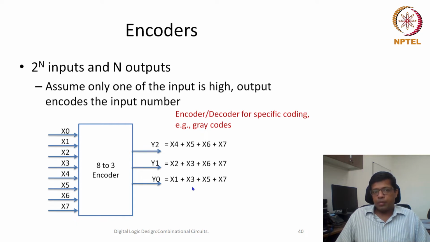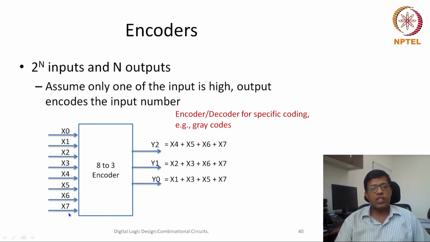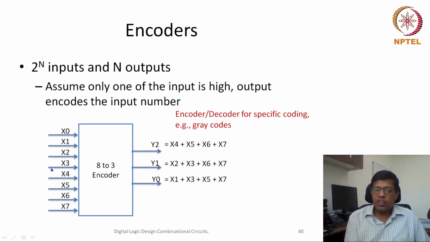Now one more question here. Let's say, even for this interrupt based scenario, what would happen if multiple of these inputs are 1? You're saying that all of these inputs are connected to different devices, and one device would be independent of the other device.